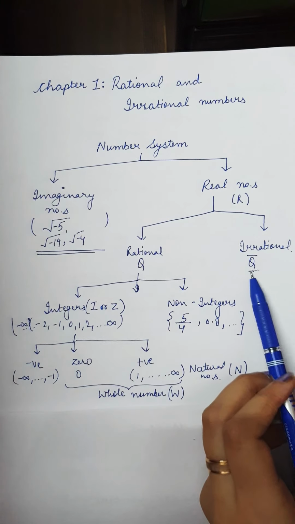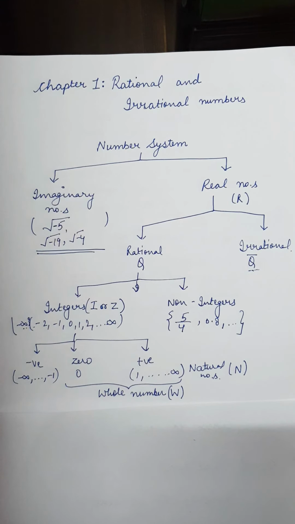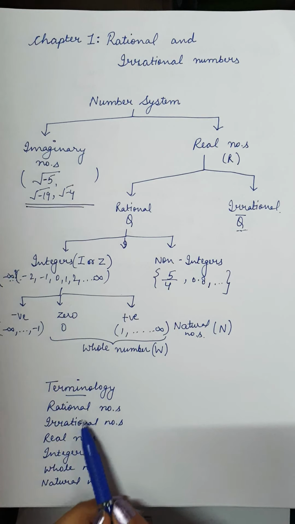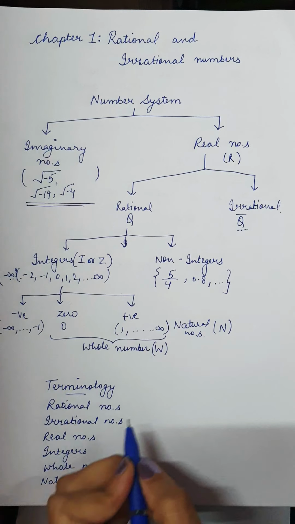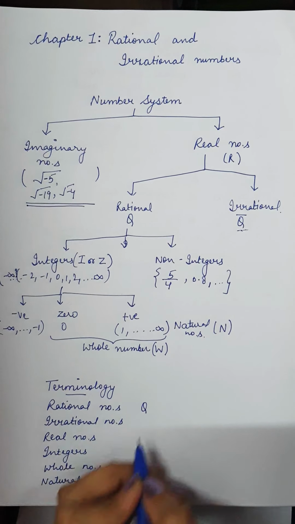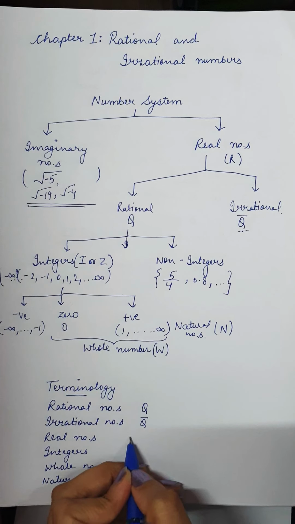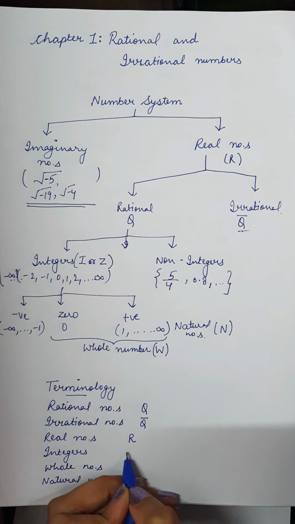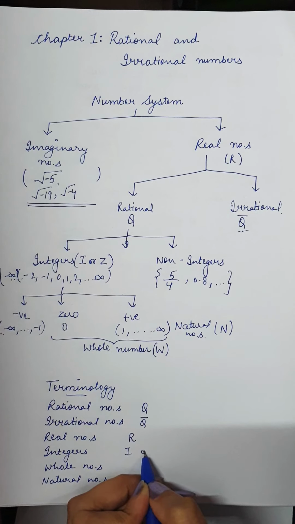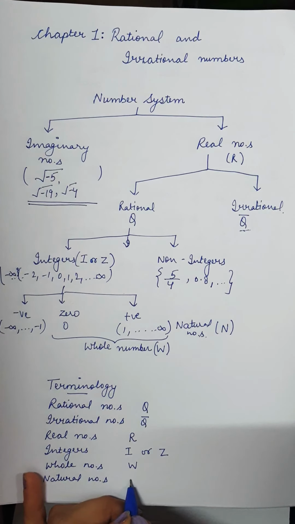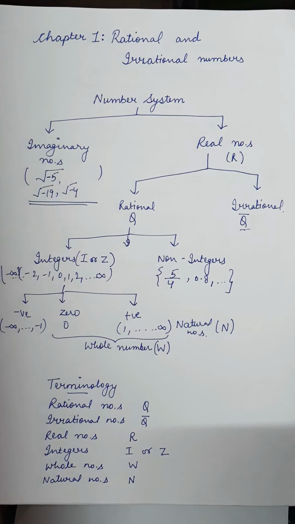Alright, so irrational we will proceed after a while. First we will know what are rational numbers. Right, before we proceed, first we should know all the terminologies. Again, for rational number it is Q, for irrational it is Q bar, for real numbers R, for integers I or Z, whole numbers W, and natural number capital N.